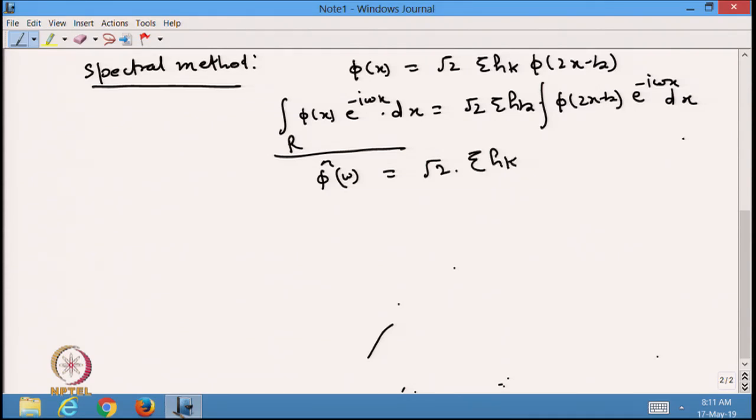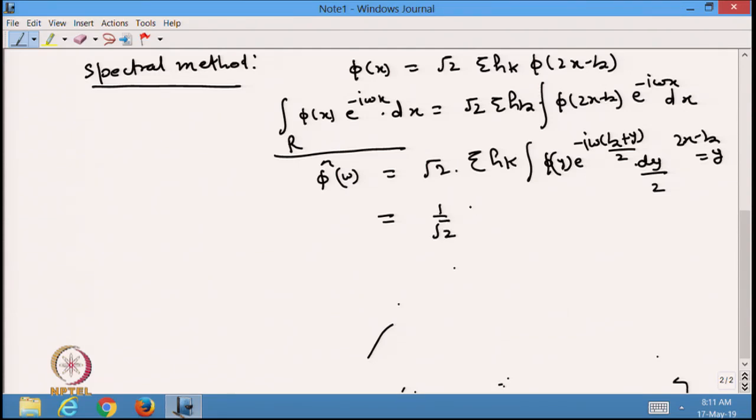What I am doing is putting 2x minus k equal to y. So, this will be phi y e to the power minus i omega (k plus y) by 2, and dx will be dy by 2. So, the whole expression will become h k e to the power minus i omega k by 2 times phi y e to the power minus i omega y by 2 dy.